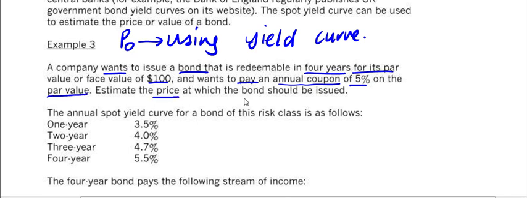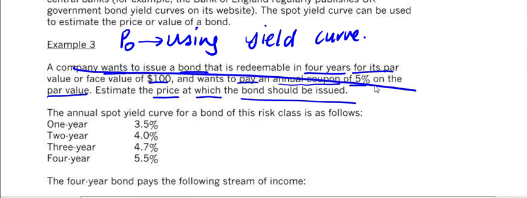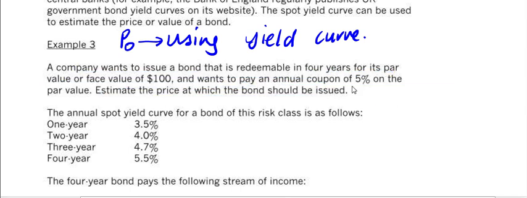What's the price at which the bond should be issued? Now, you must know the yield to maturity to find the price, but in this case they didn't tell us the yield to maturity. They didn't tell us the price, but what they told us is the spot yield curve for different classes of the bond.